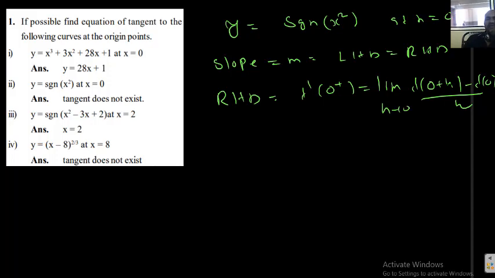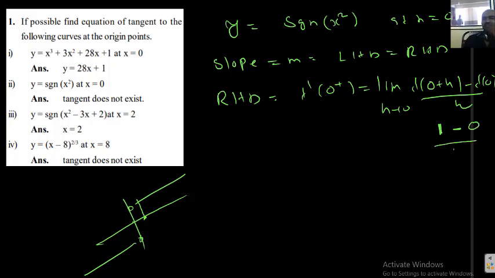0 plus h means 0 point something, square of 0 point something, signum of 0 point something. Everyone knows the signum graph, and for 0 point something, that is 1, I can write. Minus f of 0, signum of 0 only, by h, limit h tending to 0. So here the numerator is absolutely equal to 1, the denominator is tending to 0, which means the total function is tending to infinity. What is the meaning of that?